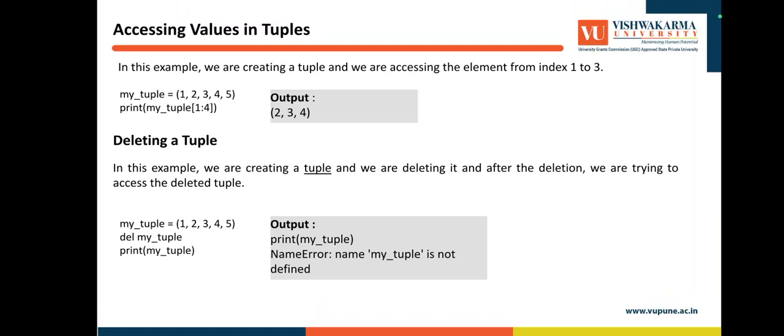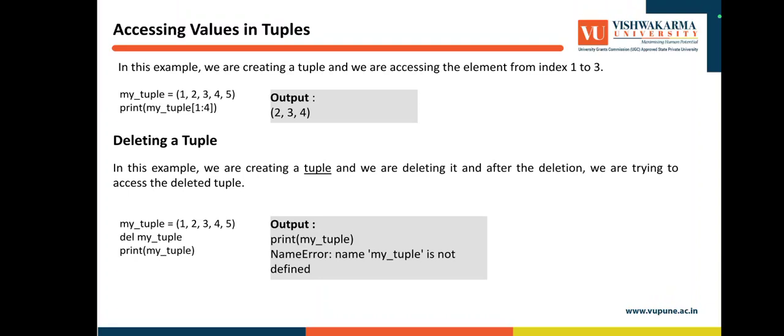My tuple stores the values 1, 2, 3, 4, 5. We print my tuple, but we are giving indexing to the tuple: 1 represents index 0, 2 represents index 1, 3 represents index 2, 4 represents index 3, and 5 represents index 4. So for 1 to 4, the output will be 2, 3 and 4.